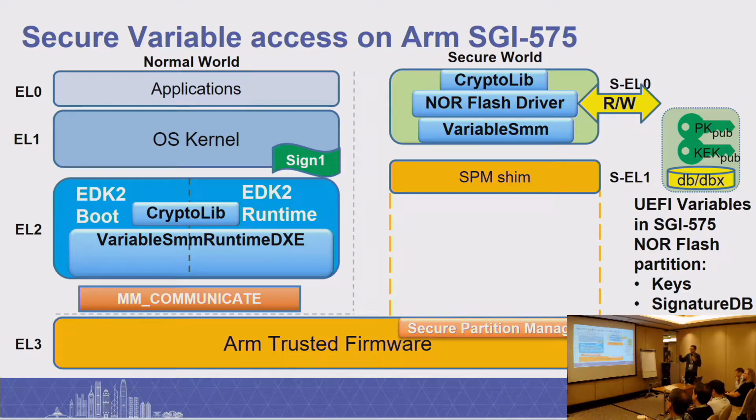The 2 stages have in common some modules, a crypto module and a variable SMM runtime module in the normal world. And in the secure world, what we ported, so we have a variable SMM module that will be copied into the standalone, into the brand new standalone MM package that we are just upstreaming.